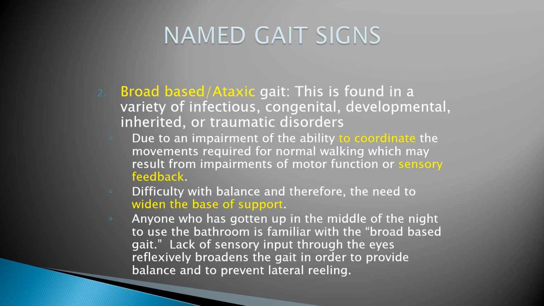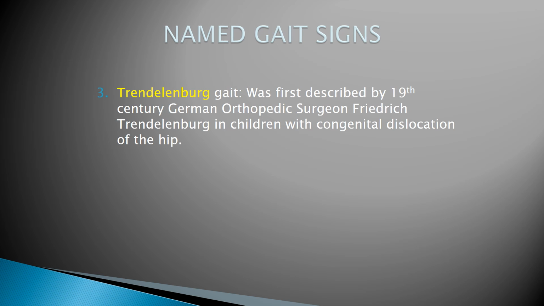Therefore, they have difficulty with balance, and therefore they have a need to widen the base of support. And I gave an example earlier of getting up in the middle of the night and trying to get down to the bathroom without bumping into walls on both sides of you. And I have a video of the broad base gait coming up for you shortly. The Trendelenburg gait is specifically described in the AMA guides.